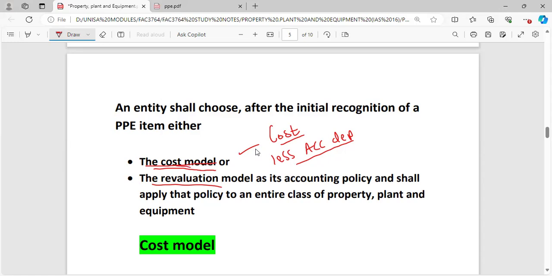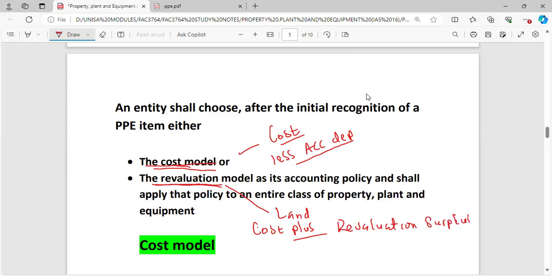Then if you are using the revaluation model, you will see assets like land. Mostly land, we use the revaluation model, which means it's going to be the cost plus the revaluation surplus. So that is going to be the revaluation model.